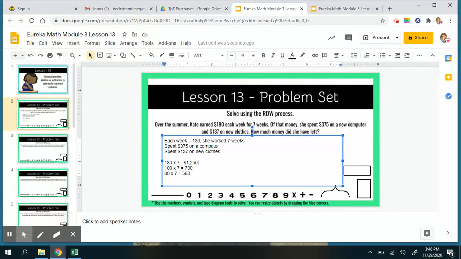And that's what I would prefer to do. So I'm going to take 375. I'm going to add 137. So then I know how much in total she spent.